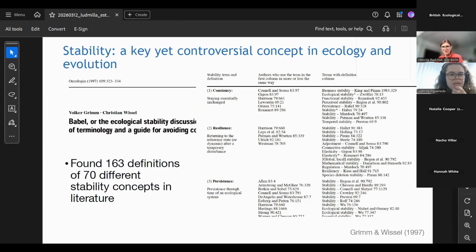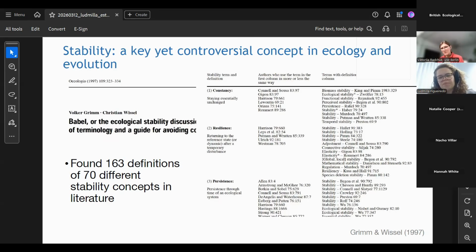It's been decades that people have been discussing what stability is and how to measure it, and there have been attempts at summarizing it, but there was this very nice publication by Grimm and Wissel in 1997 that found 163 definitions of 70 stability concepts.